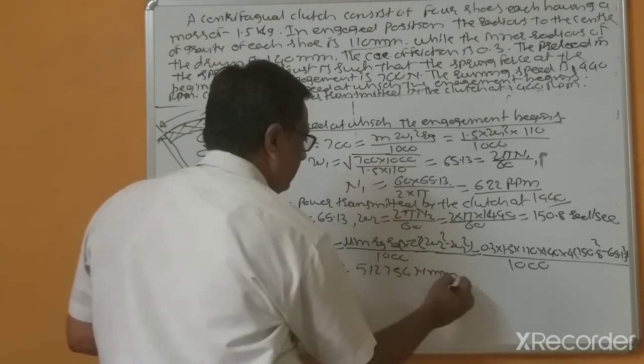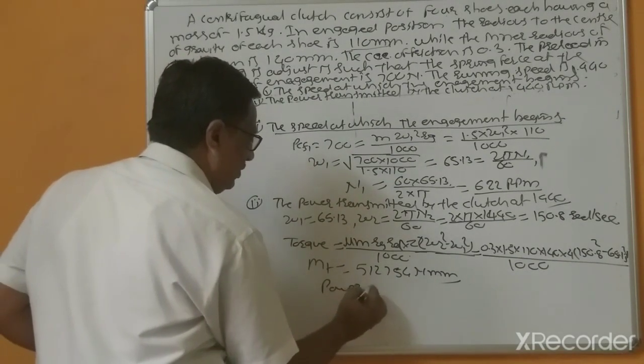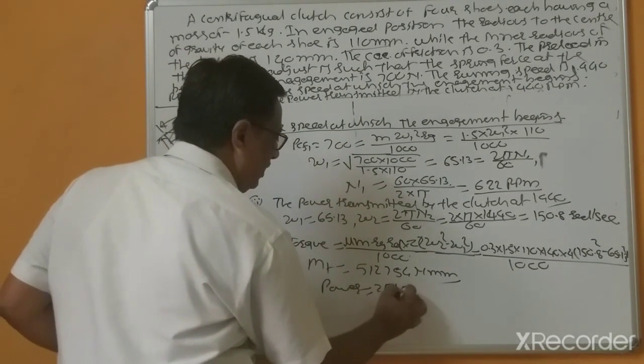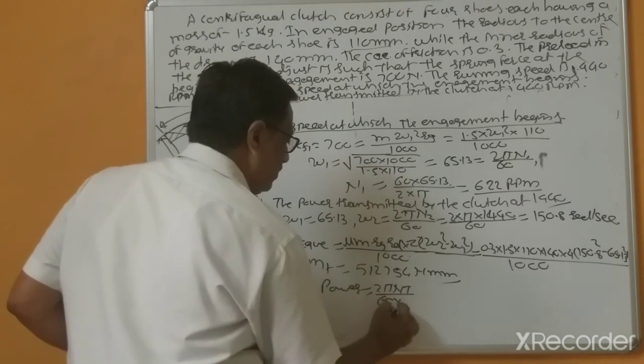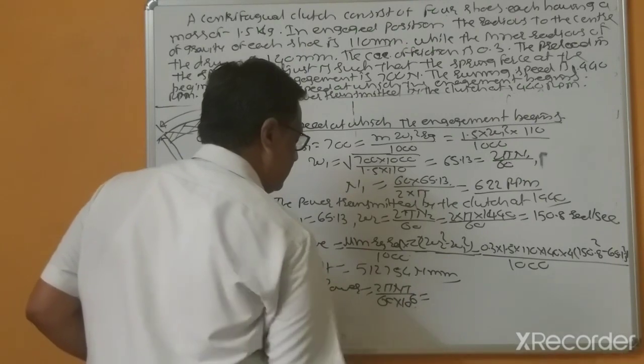Newton mm, and the power equals 2 pi n T divided by 60 into 10 to the power 6.